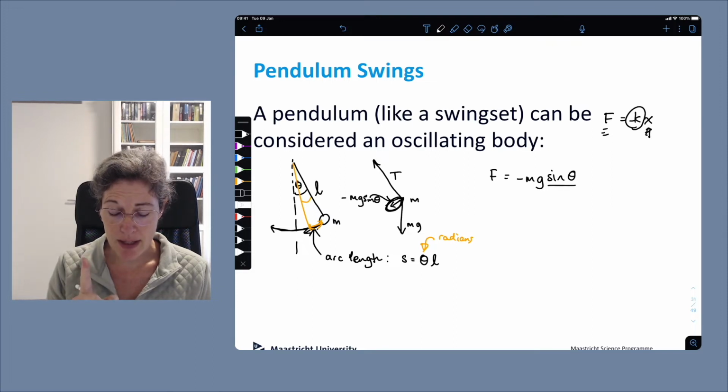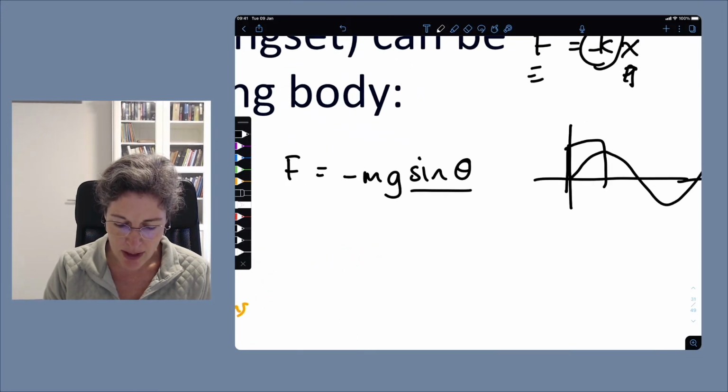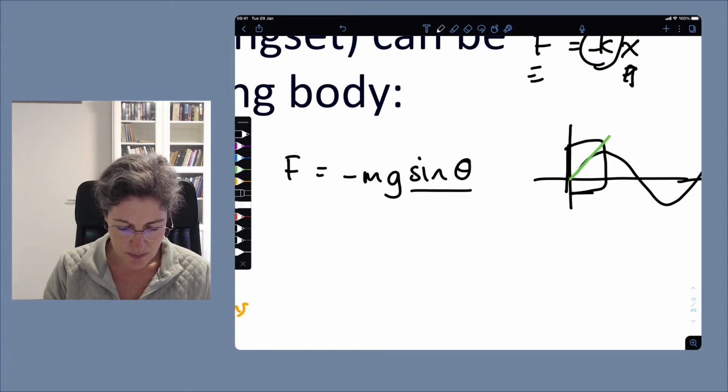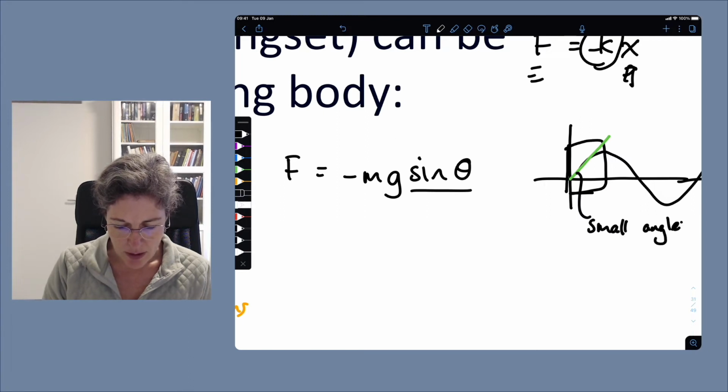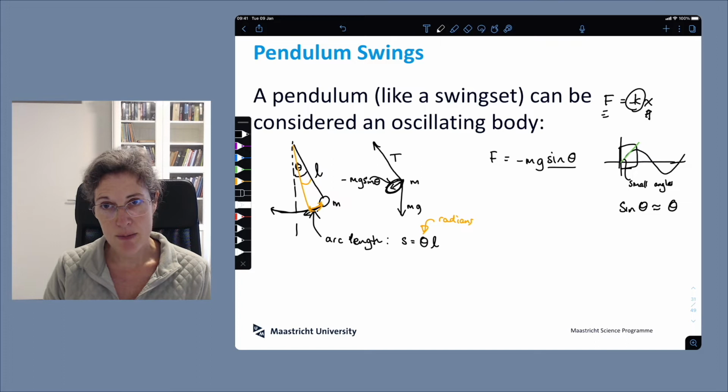However, we can be cunning and notice that for very small angles, if you draw the graph of sine and you're only considering small angles, around about here, this is almost like a straight line graph. So for small angles, you can make the very useful approximation that sine of the angle is roughly equal to the angle itself.